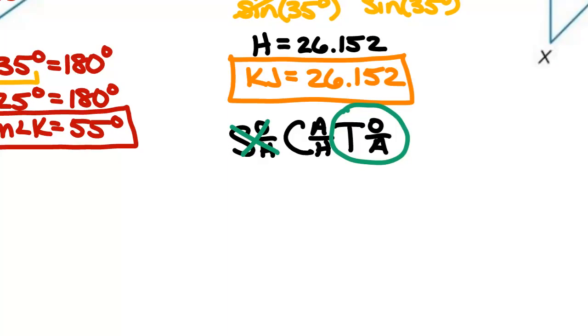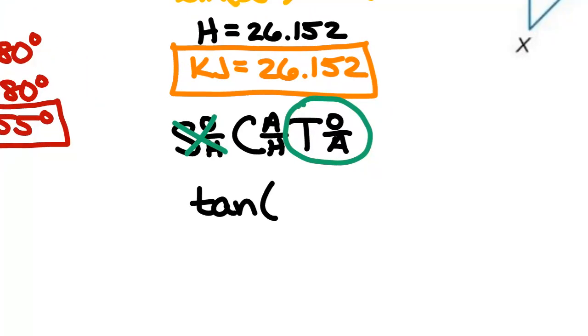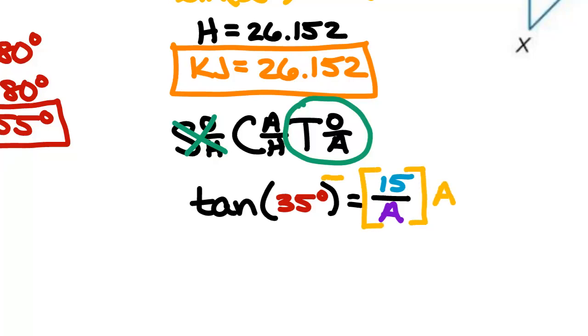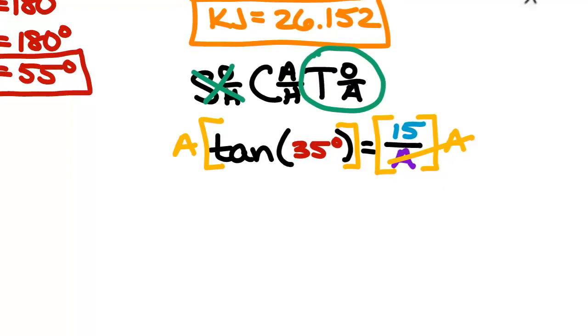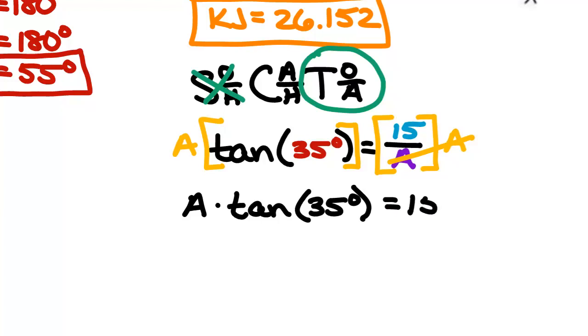So tangent of our angle, which is 35 degrees, equals opposite over adjacent, so 15 over A. We're going to solve this for A, so I multiply by the denominator. We multiply both sides by A. So I have A times the tangent of 35 degrees is equal to 15.